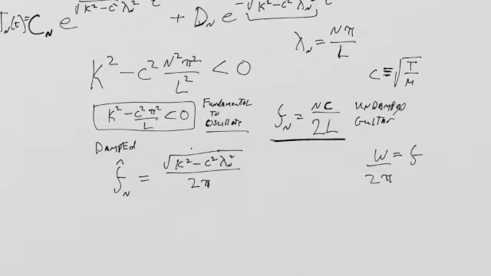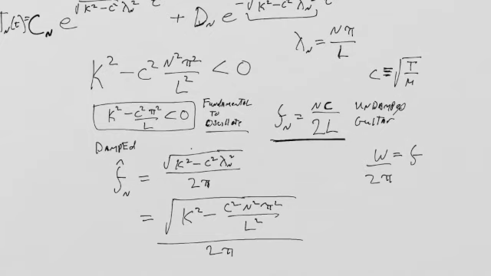Okay, so this expression for the angular frequency, what does that lead us to? So we substitute for lambda n, right? So you end up with the square root of k squared minus c squared n squared pi squared over L squared, divided by 2 pi.